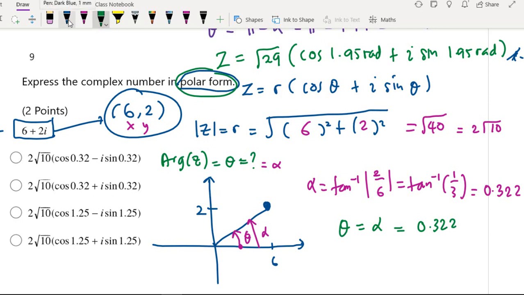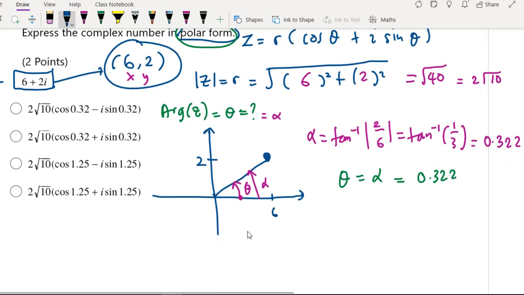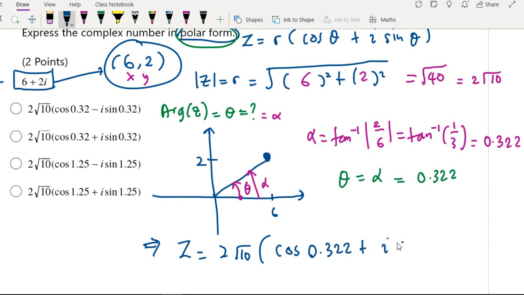Final answer in polar form: z is equal to r, which is 2 square root of 10, times cos 0.322 plus i sin 0.322.